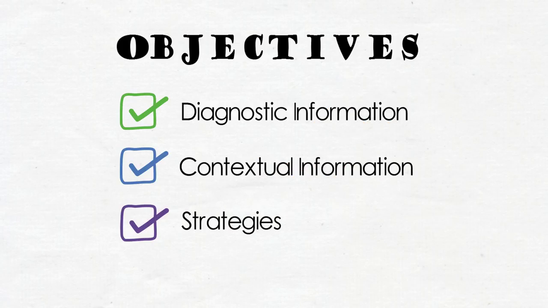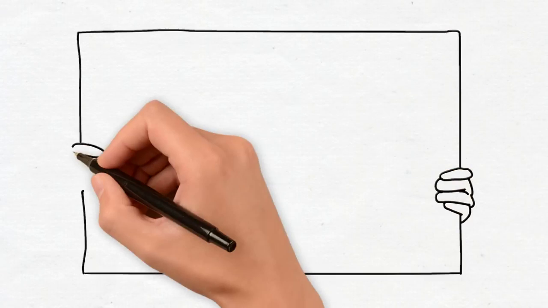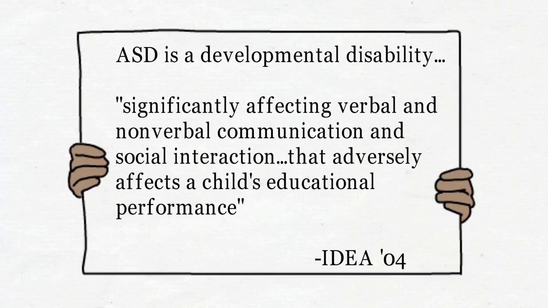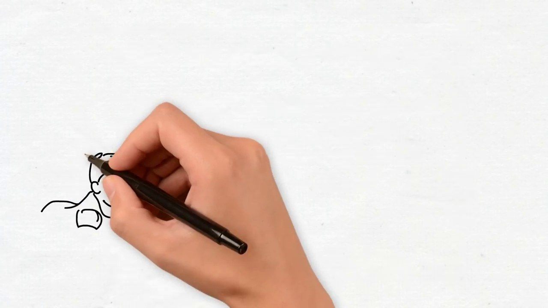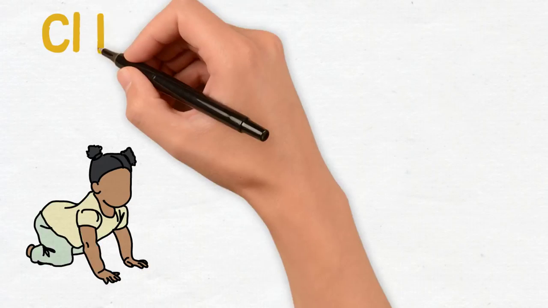Time for our first section, which talks about all of the diagnostic information of ASD. The federal definition of ASD in the Individuals with Disabilities Education Act, or IDEA-04, is stated as a developmental disability significantly affecting verbal and nonverbal communication and social interaction that adversely affects a child's educational performance. According to IDEA-04, ASD is evident when a child is 3 years old or younger.